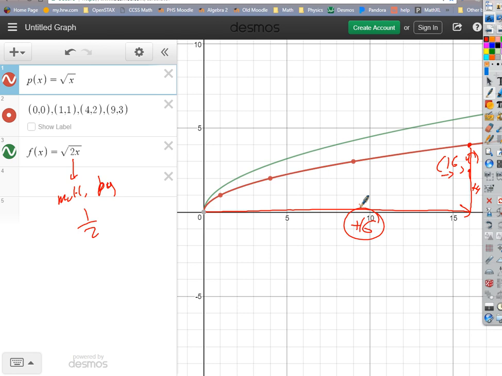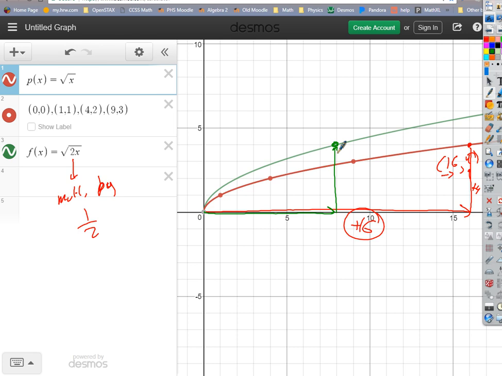It's a horizontal stretch or compression. So we're going to multiply that number by the reciprocal of what's inside. Multiply by 1/2. So what's 16 times 1/2? 8. Okay, good. So then instead of going over 16 and up 4, I'm going to go over 8 and up 4. Right? Does that work? Well, if I go over 8 and I go up 4, what do you know? There's a point on the graph.